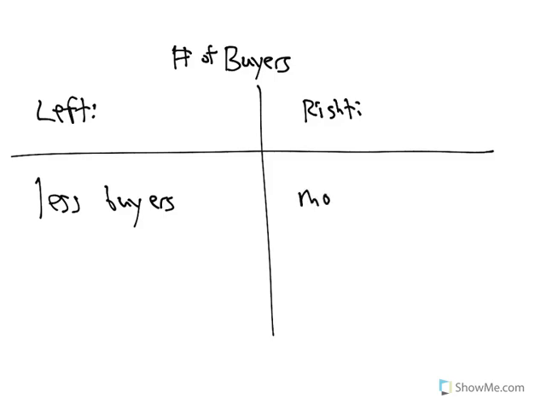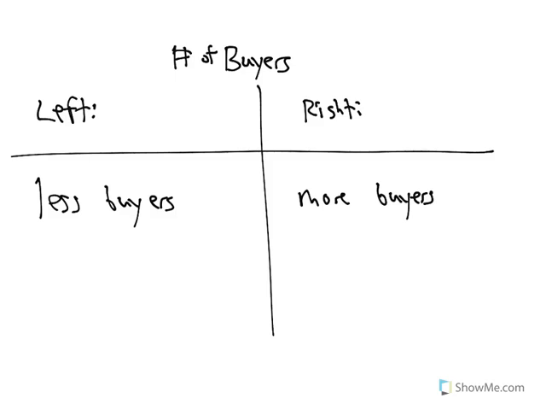And if there are more buyers, you're going to move the demand curve to the right. Right is more, left is less. If there's more buyers in the market, it follows that there are now more demand for that good. So less buyers, we move the demand curve to the left. More buyers, we move the demand curve to the right.